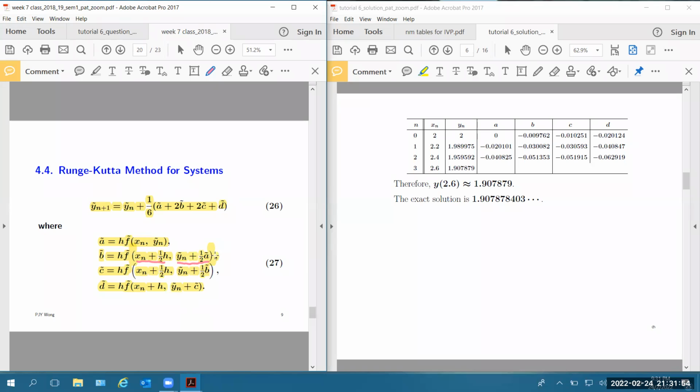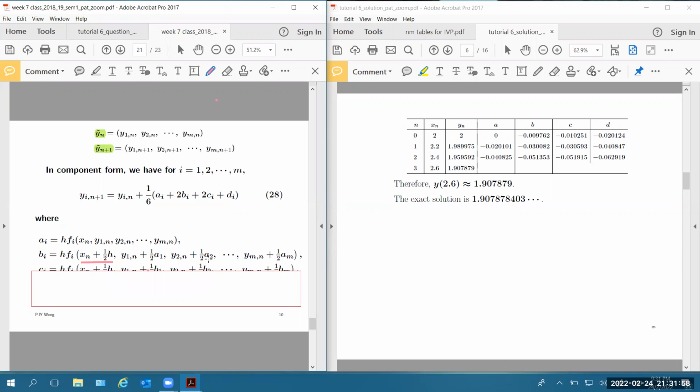Now this one, you need to add them component wise. If you are adding component wise, that means you will get y1n plus half a1, y2n plus half a2, etc. So based on the same principle, that's how you write down your CI and your DI.